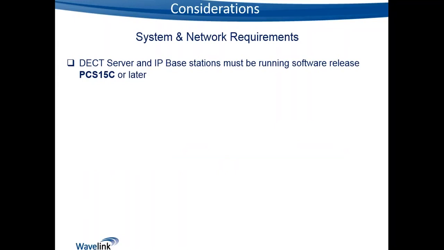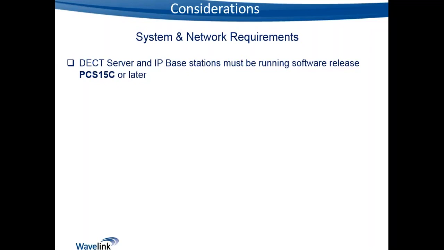So what are some of the requirements that we need to have to run this solution? Well, first of all, we need to have all our base stations, which are IP base stations obviously, and the DECT server running a recent version of firmware, which would be PCS 15C or something after that. I think at this stage 15C is still the latest version.